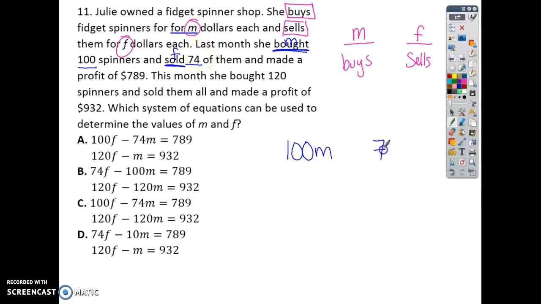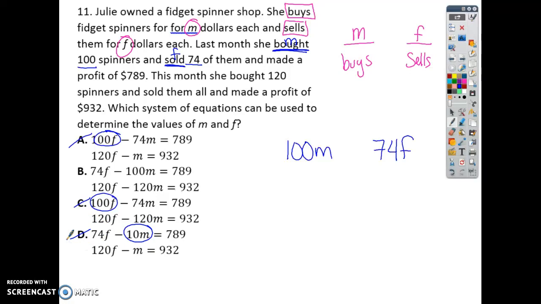So 74 goes with the F. Let's eliminate some answers that don't say that. A is wrong because it says 100F, and I said 100M. What other one? C also says 100F, and I said 100M. She buys them, not sells them. And I can also eliminate D because it says 10M, not 100M.